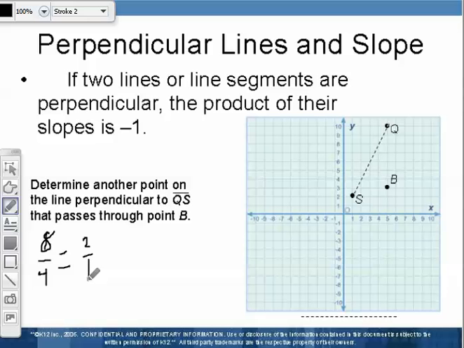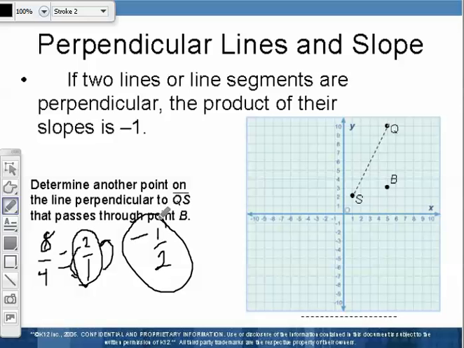Now what I have to do to find the perpendicular slope is I have to turn this over. Okay? I'm going to put this one on top. I'm going to put this one on bottom. And it's going to wind up being a 1/2. One more thing I have to do to it, I have to put a negative sign on top of it. So that's going to be my slope of the perpendicular line.